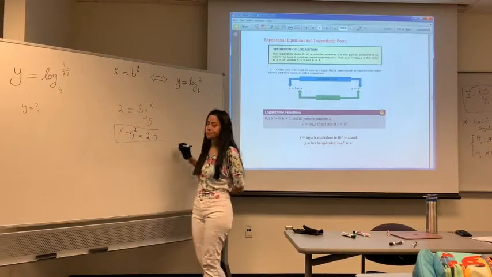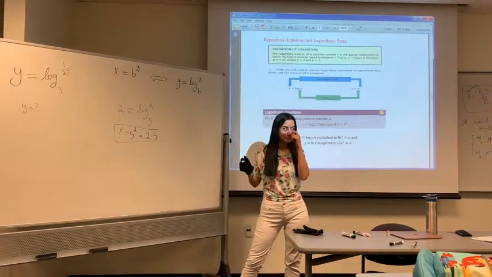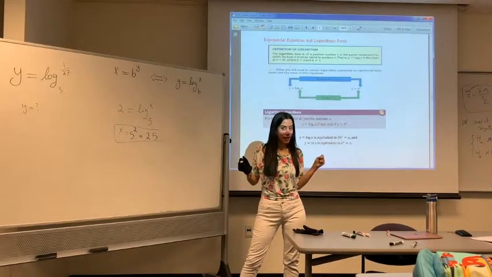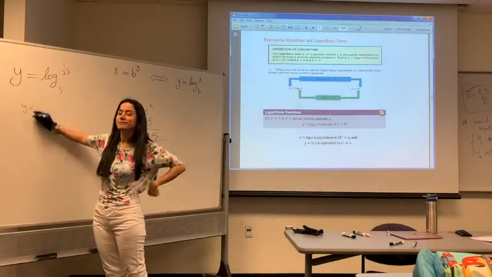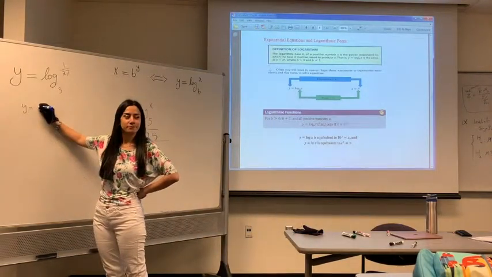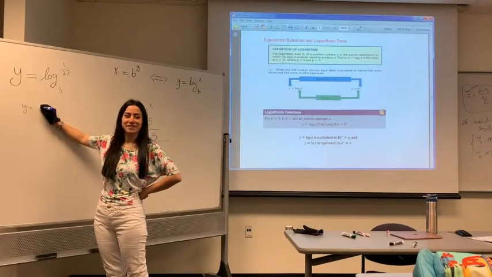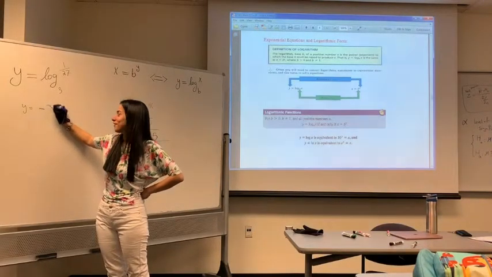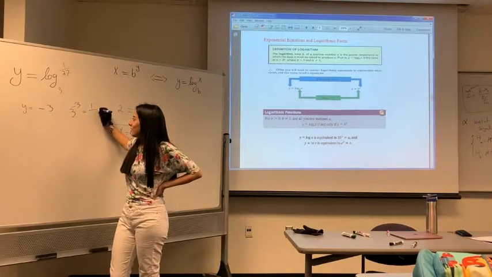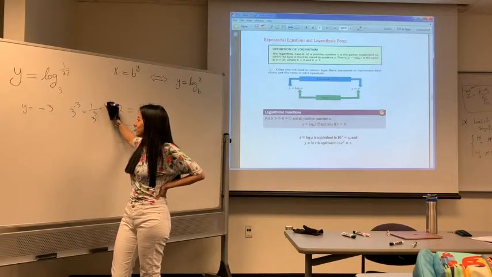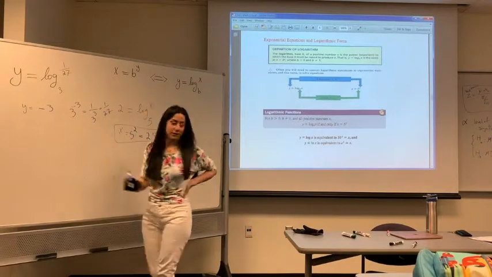And then what about y? Negative 3, right? Because 3 power negative 3 is 1 over 3 power 3, which is 1 over 27.